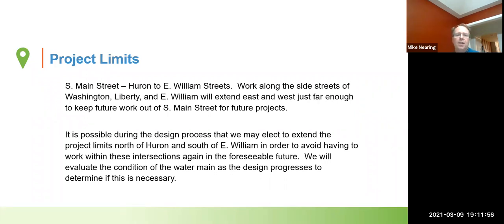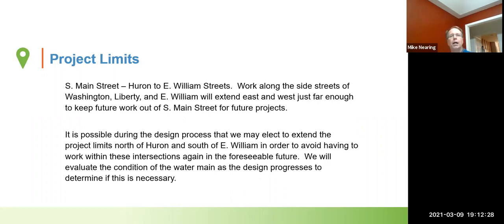One caveat to that is during the design process, and as we study this area and as we design, we may find that it's advantageous to potentially extend the limits a little bit north of Huron Street or a little bit south of East William in order to stay out of those very busy intersections and minimize the overall level of disruption.